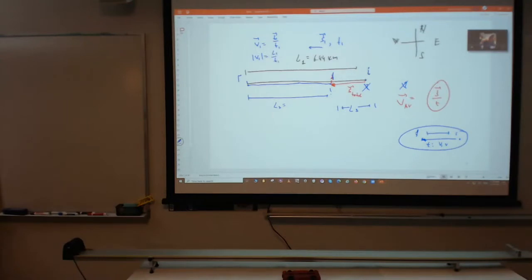And then for the next part of your trip, from here to here, there's another distance, another displacement, certain time, velocity, speed. That's the second set of variables. And also you have a third set of variables.